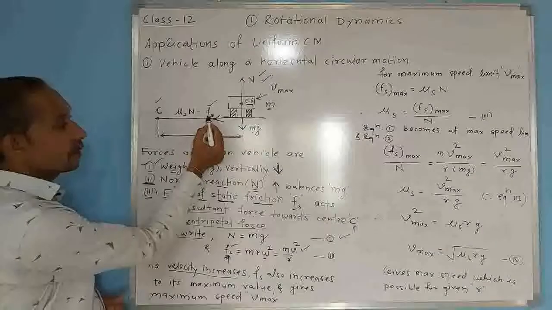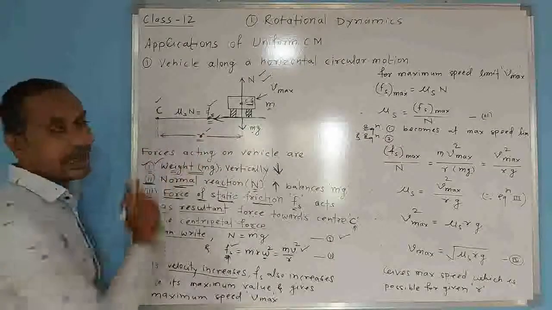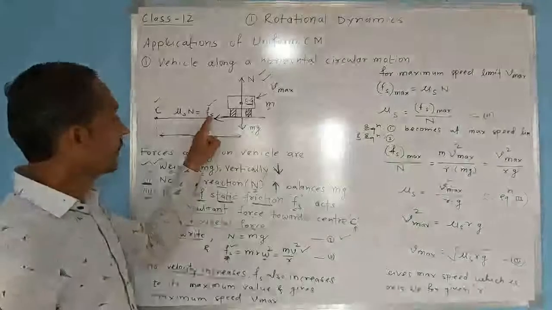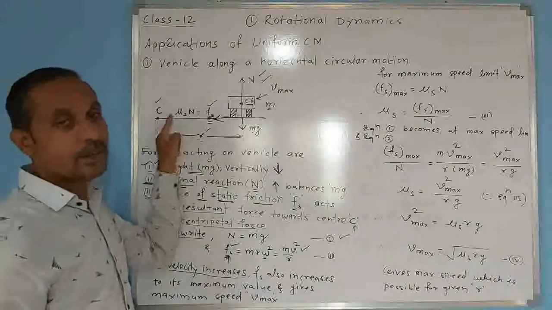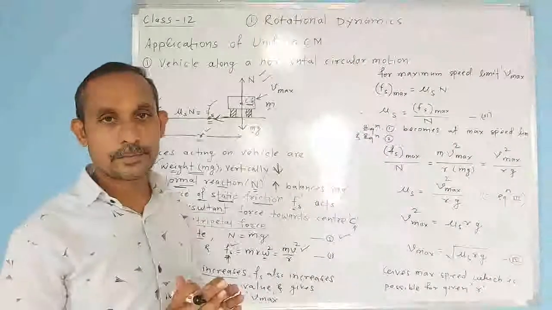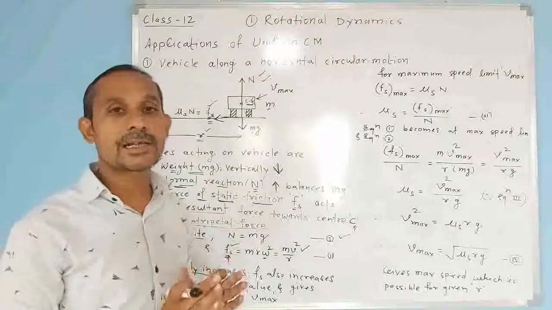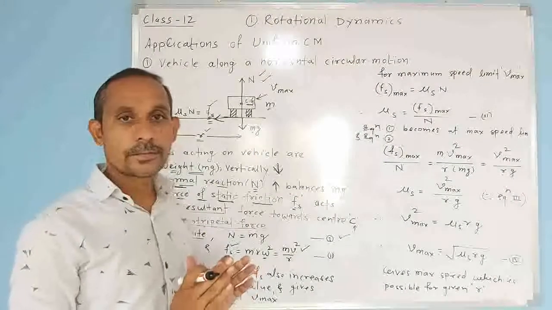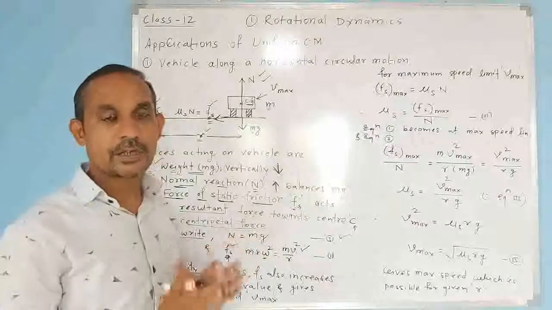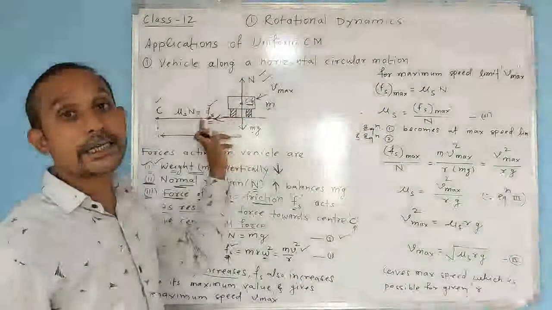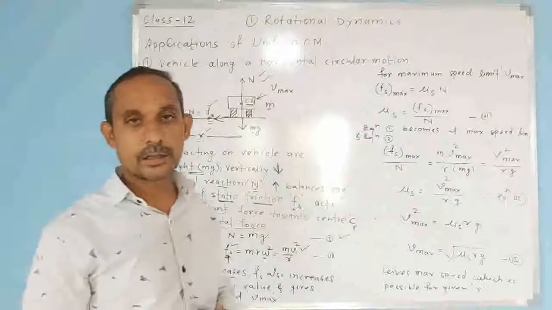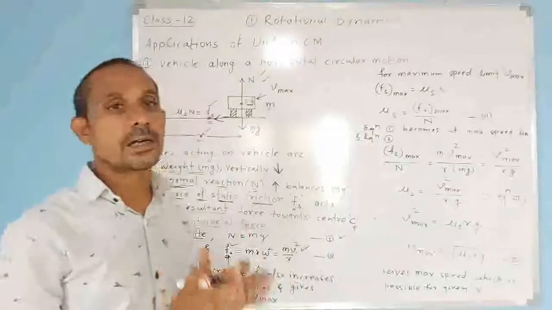It is always equal to Fs equals mu s N, where mu s is a constant named the coefficient of friction, and the coefficient of friction depends upon the nature of the road surface.